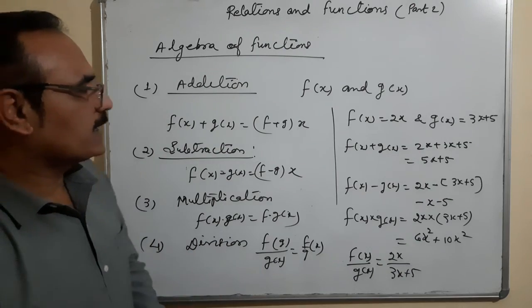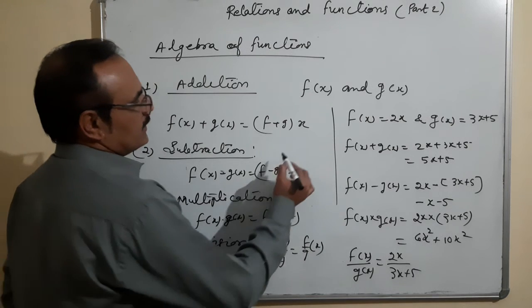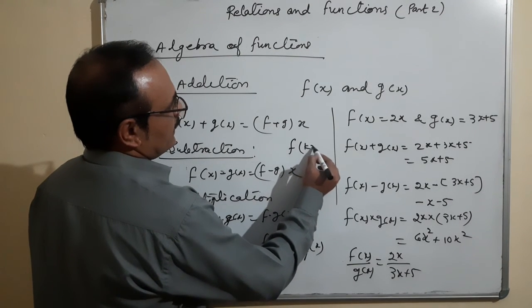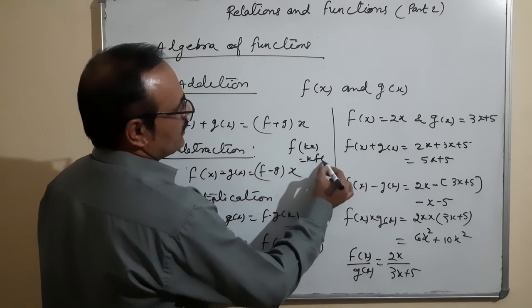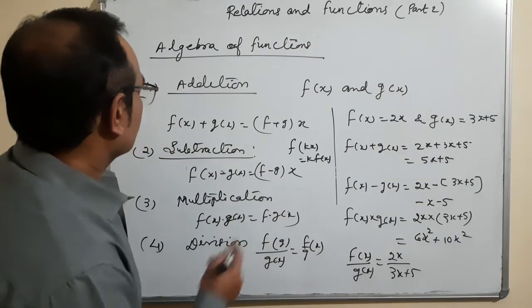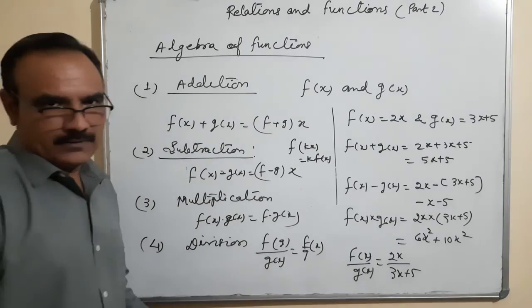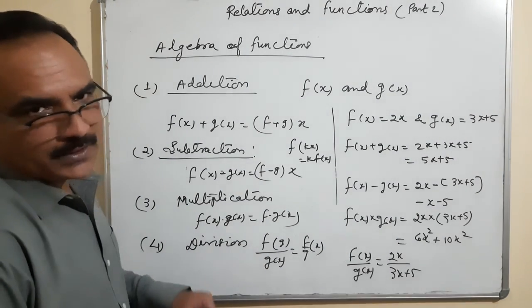One more thing is a scalar quantity. If any scalar quantity is there, like f of kx, then we can write here k into f of x. So the scalar quantity comes in the front. Okay, so these are the algebra of functions. Two or more functions.